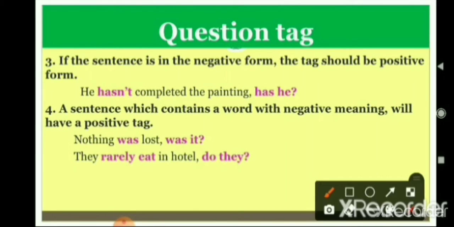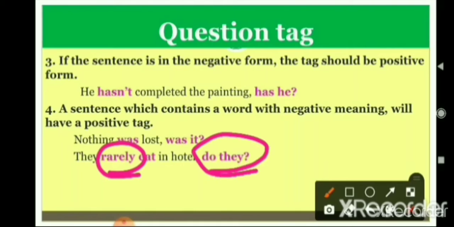So here, rarely, barely, badly, none, no, ever, nothing, few, neither, no one, never, nobody, hardly, seldom. All these words give a negative meaning. In such case, we have to use only positive tag.